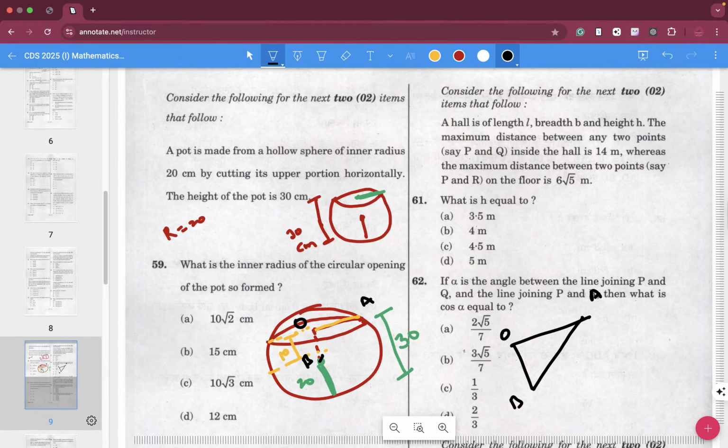Now what is AB? AB is also the radius, isn't it? So AB value is 20, OB value is 10, is what we have found out right now.